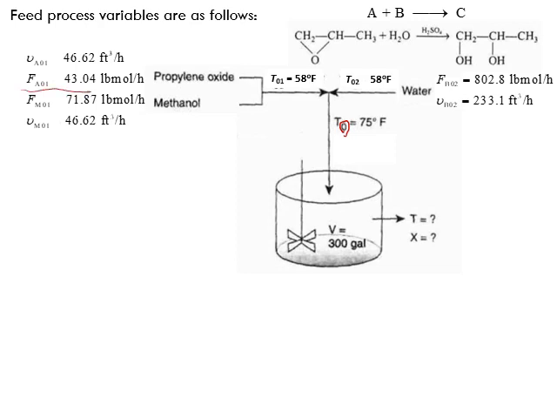What are these streams? We have propylene oxide, which is coming in with this total number of moles, F_A01, and this is the volumetric flow rate.